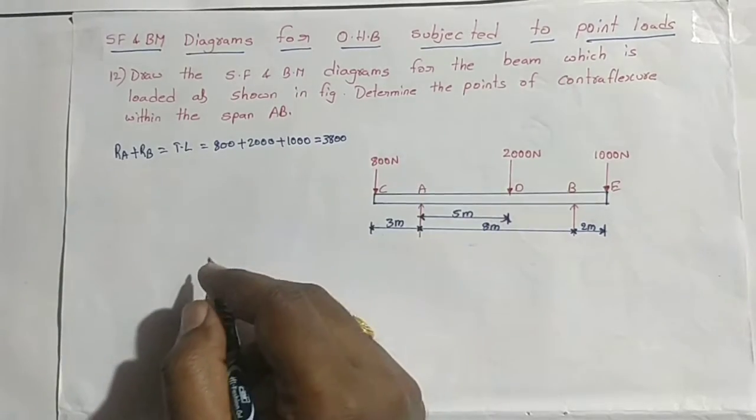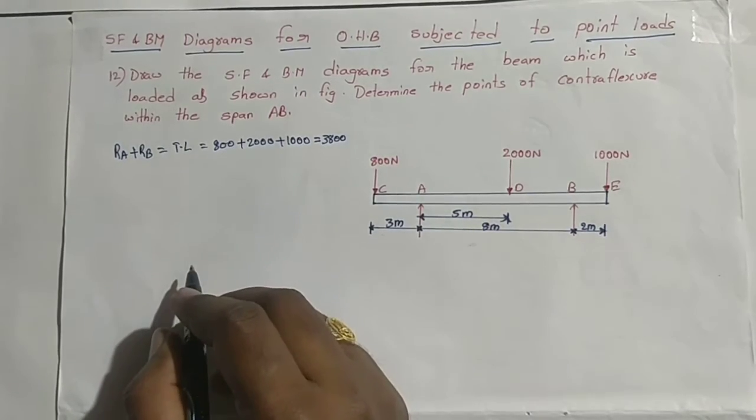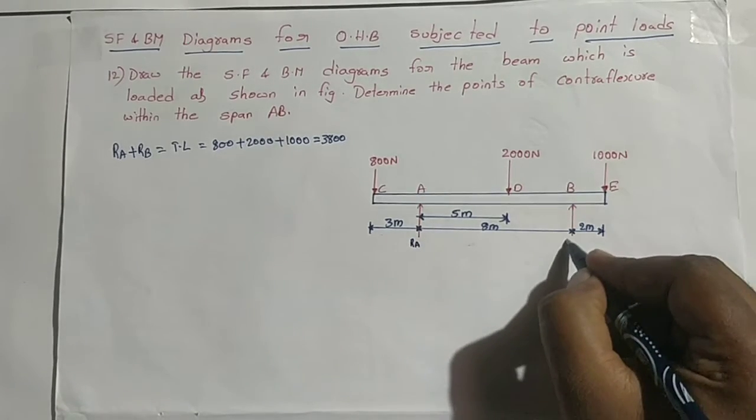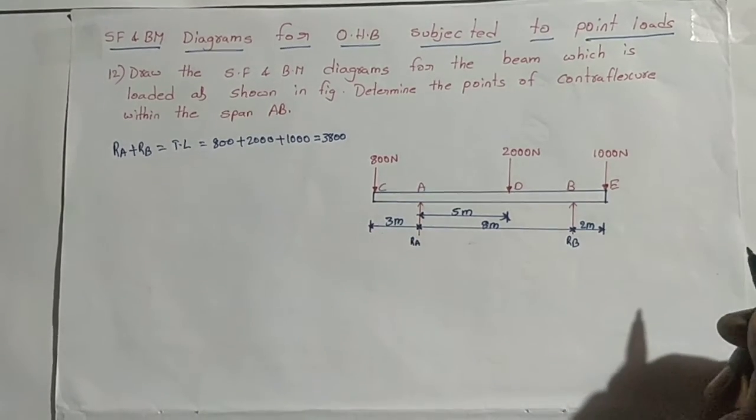It is the total load on the beam. We need to calculate RA and RB.